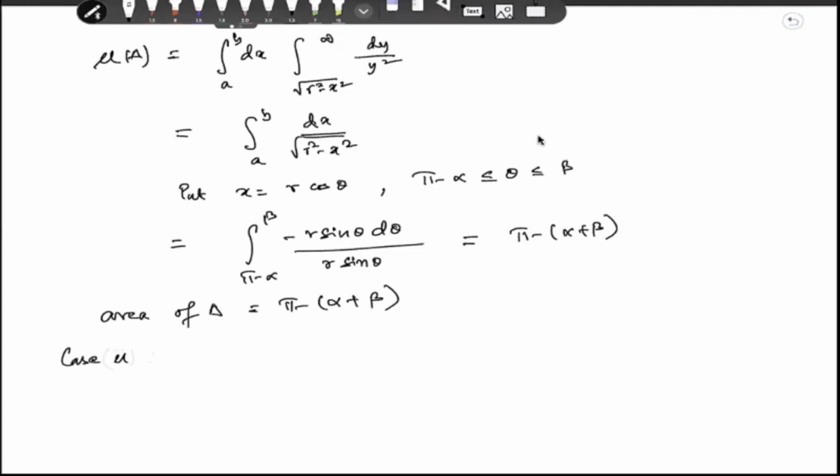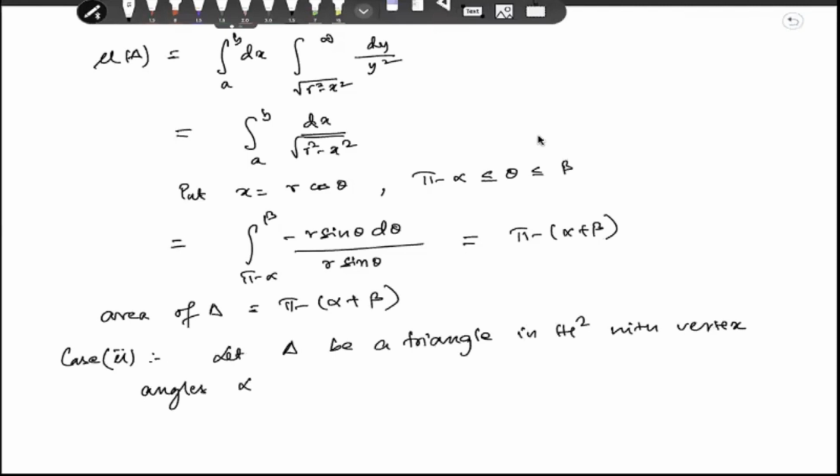So case 2, let delta be a triangle in H2 with vertex angles alpha, beta, and gamma.